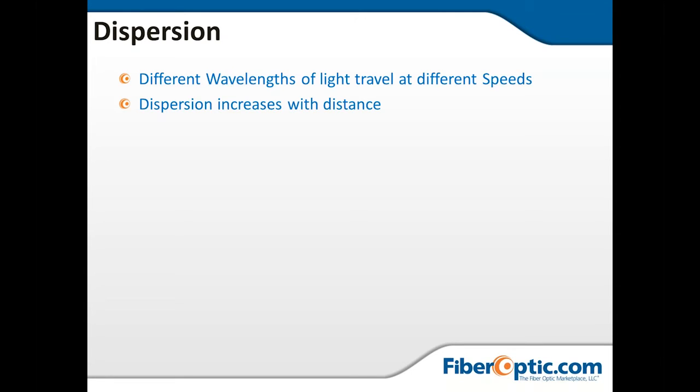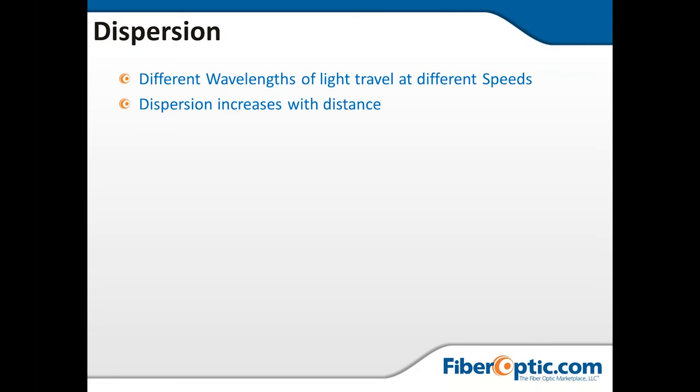And while we talk about 1550, or we talk about discrete lambdas in a DWDM world, there's still a width, a spectral width to the pulse. There are no truly monochromatic light sources.